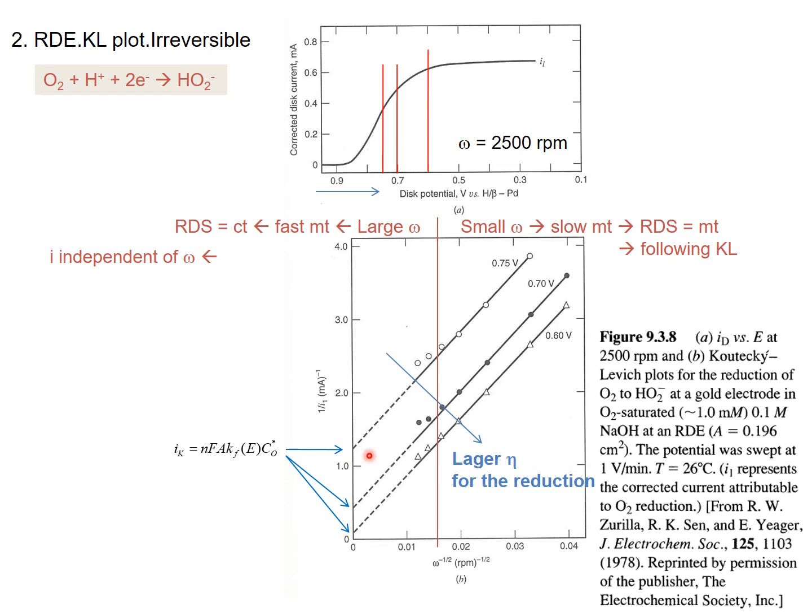From the y-intercept, you could calculate the kinetic current, which is the current without any effect of the mass transfer. So, by using this Koutecký-Levich plot, you can calculate the diffusivity from the slope and the kinetic current.